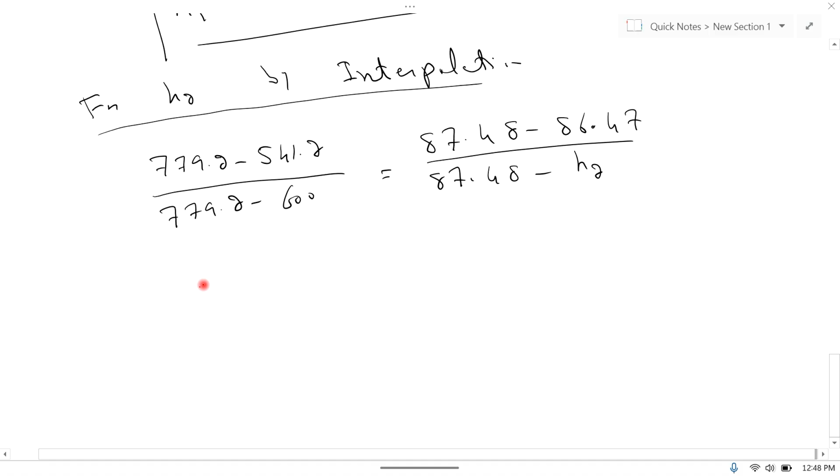So find H2 from this. So H2 is equal to 86.7198 kilojoule per kg.